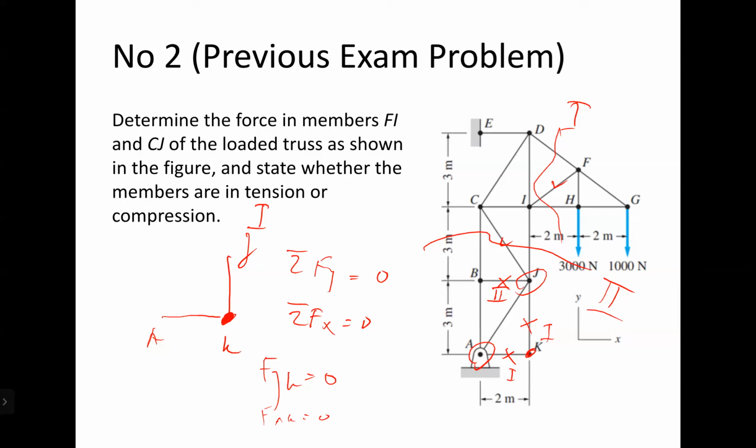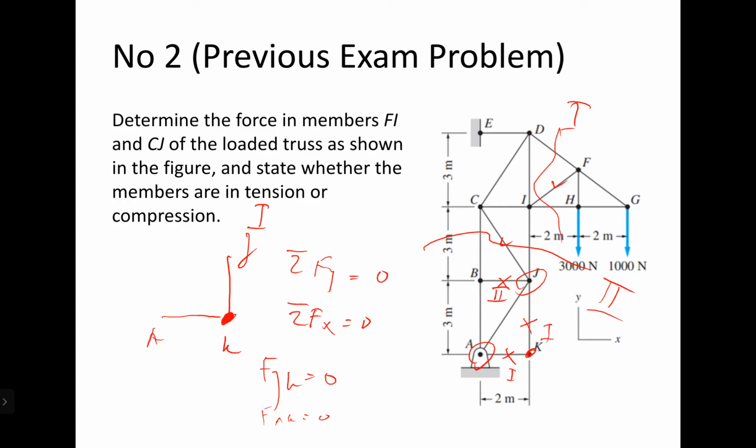So once from one particular pin you can determine that a member or several members are zero force, then it is zero force. You don't have to take a look at the other members.